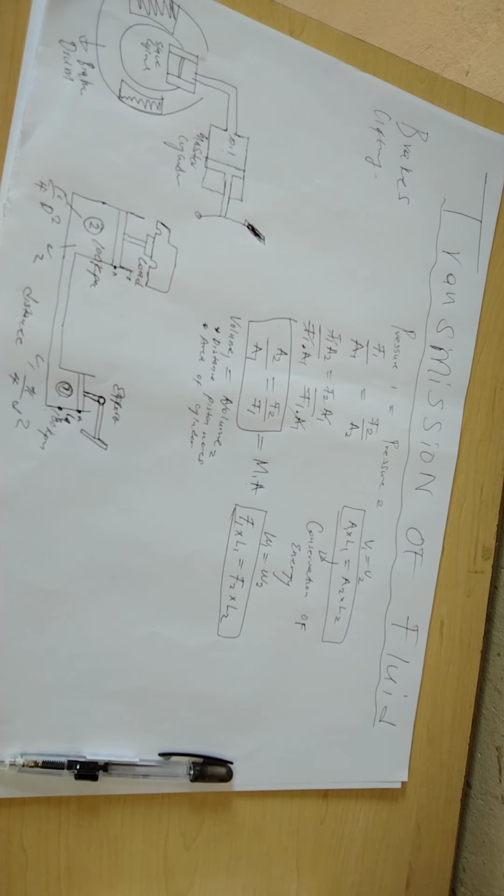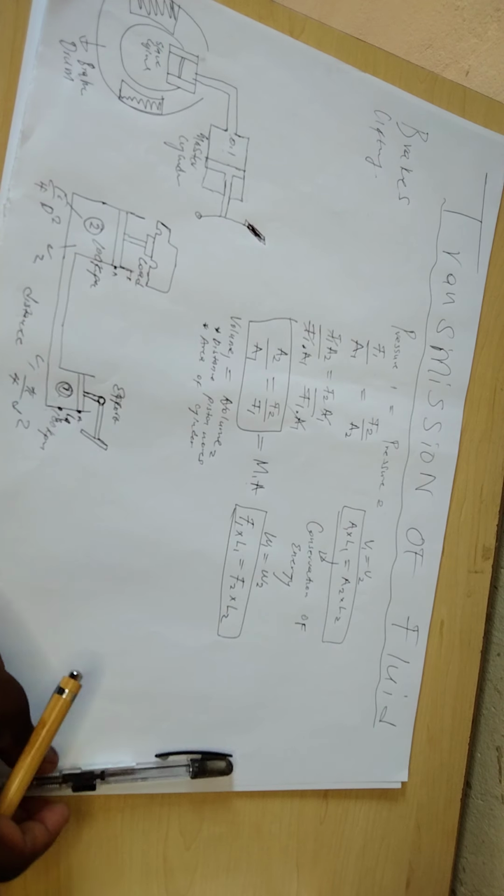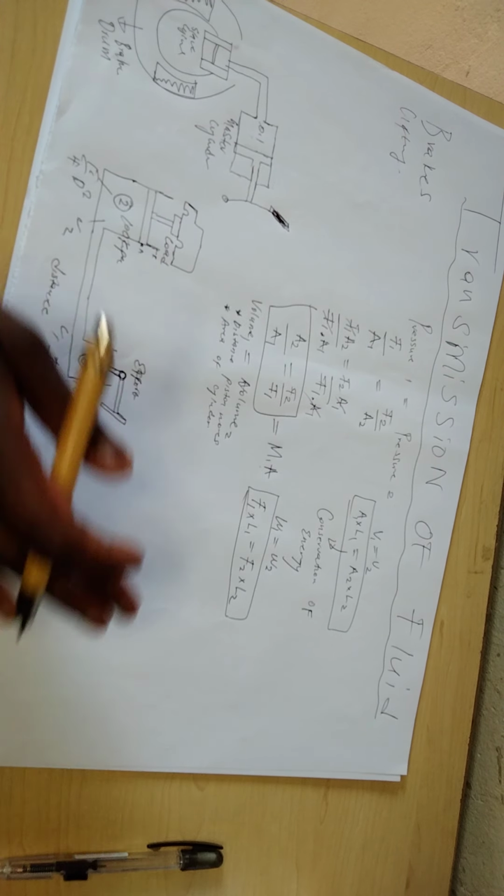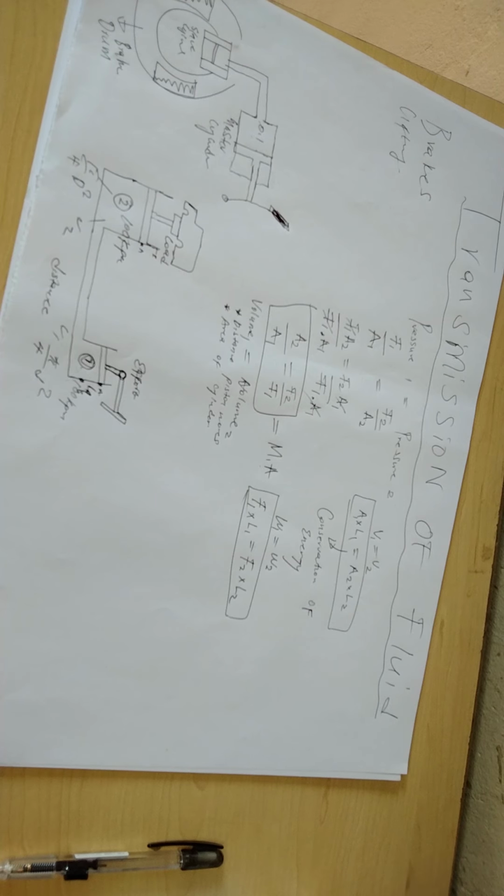So we are at this point and we understand this. From here, I need to let you know of something called a pressure intensifier. What is a pressure intensifier? A pressure intensifier is a device used to convert low pressure over a large area to a high pressure over a small area.